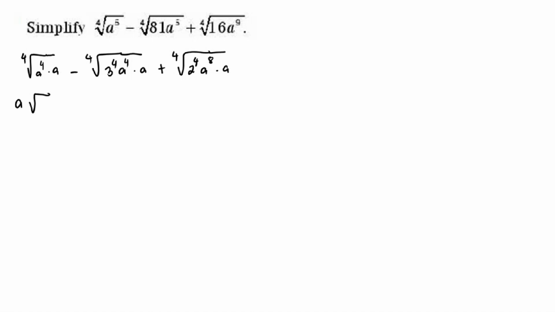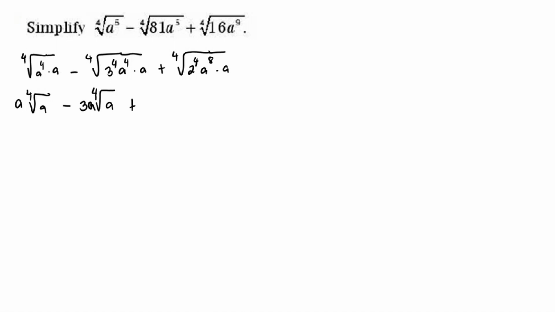So the remaining term there is the fourth root of a, minus the fourth root of 3 to the fourth power, which is 3. And then the fourth root of a raised to 4 is a, so we still have a outside as the coefficient. And then we have the remaining fourth root of a in the second term.